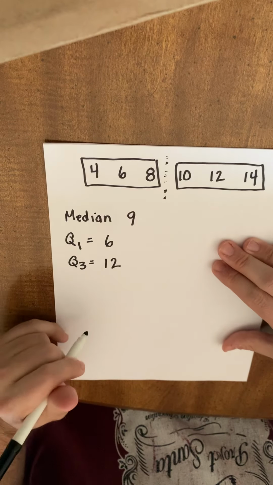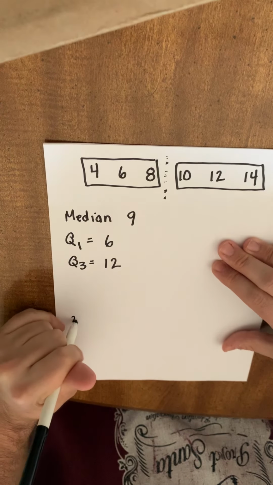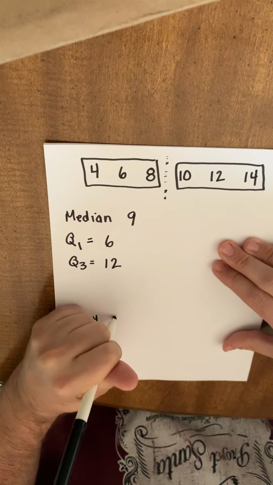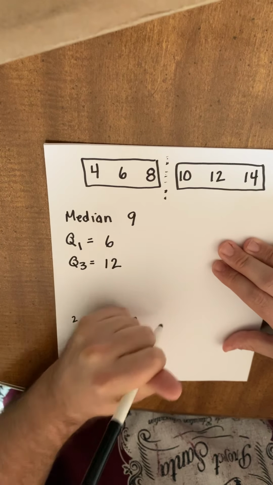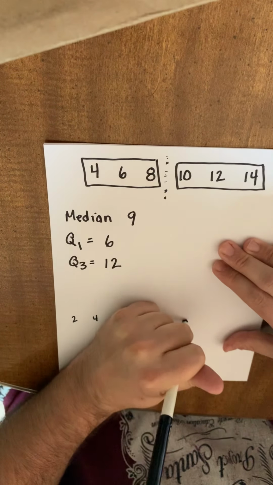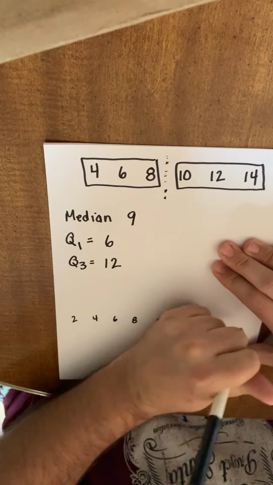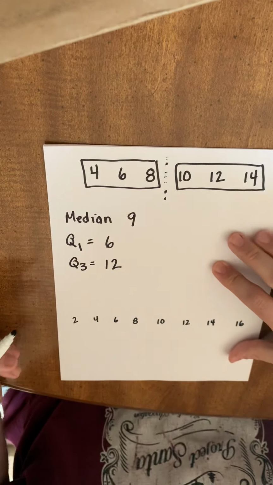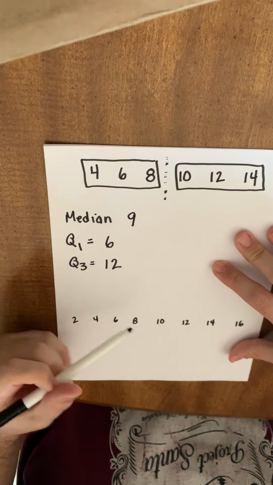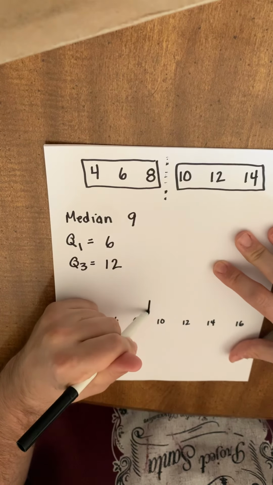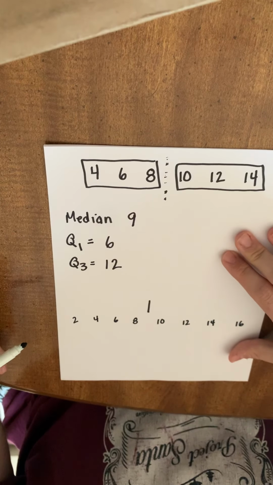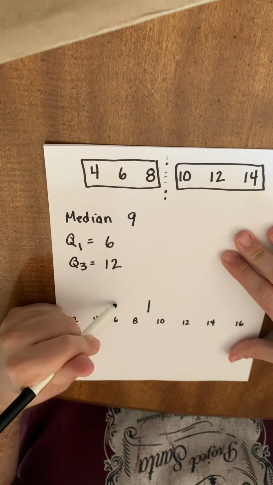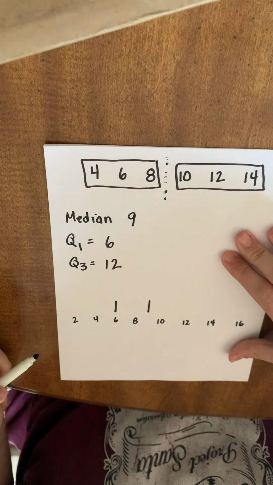I'm going to go ahead and label this: 2, 4, 6, 8, 10, 12, 14, 16. Our median is going to be 9, so I'm going to draw a line straight up and down. Our Q1 is going to be 6, so I have another line straight up and down.